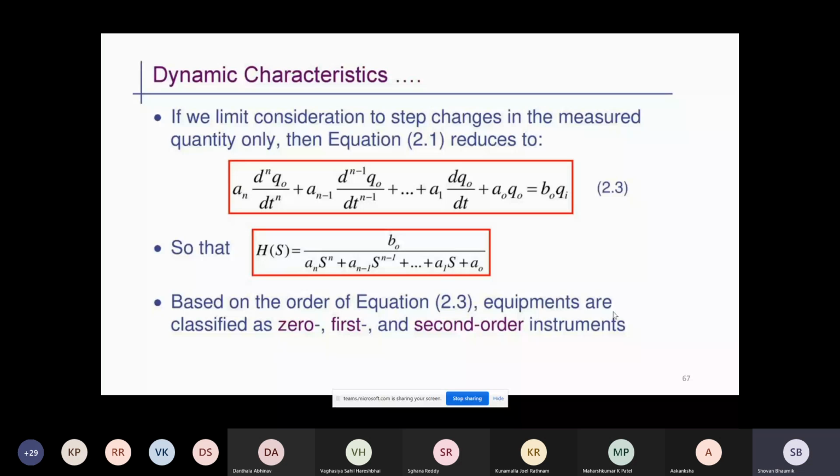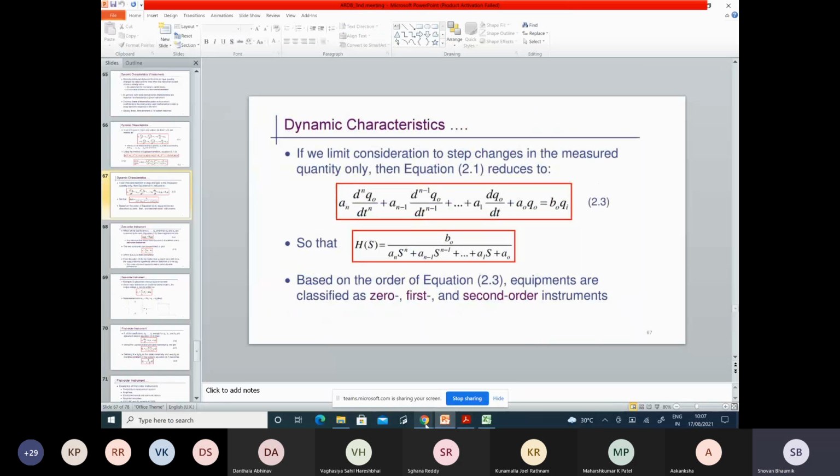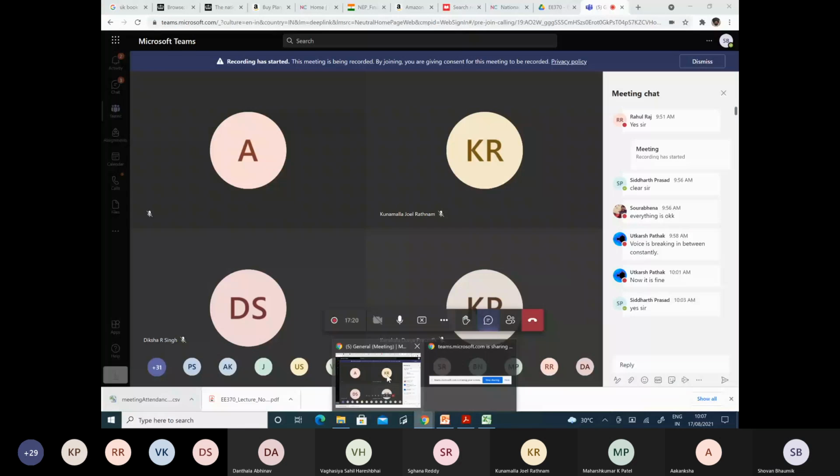If n is 0, it will be a zero order instrument. If n is 1, it will be a first order instrument. If n is 2, it will be a second order instrument. Now tell me if you hear all the things properly and it is fine to all of you.